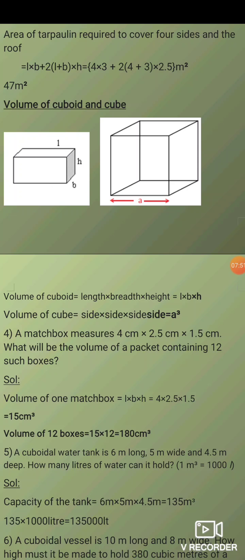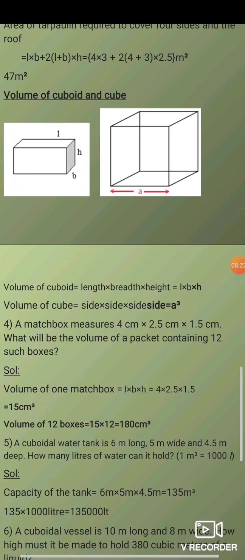So 12 small boxes are there. So first we need to find out the volume of one matchbox. So that is L into B into H is equal to 4 into 2.5 into 1.5, which is equal to 15 centimeter cube. Now volume of 12 boxes is equal to 15 into 12, which is equal to 180 centimeter cube.